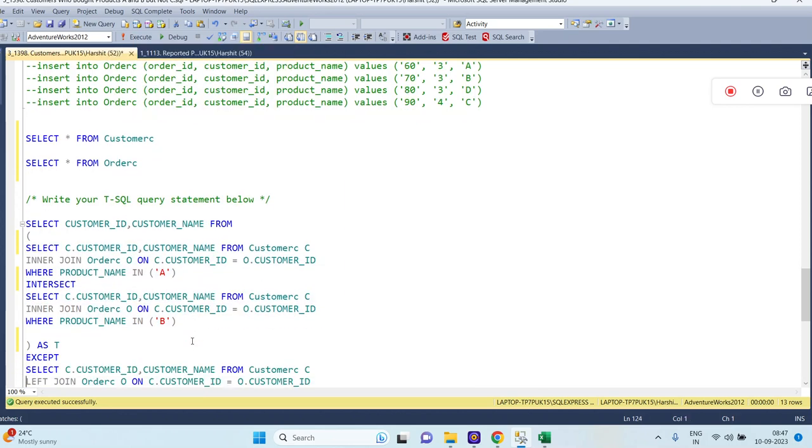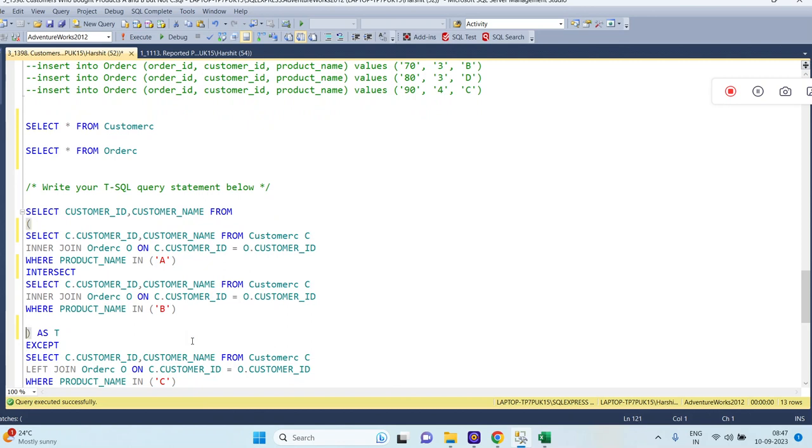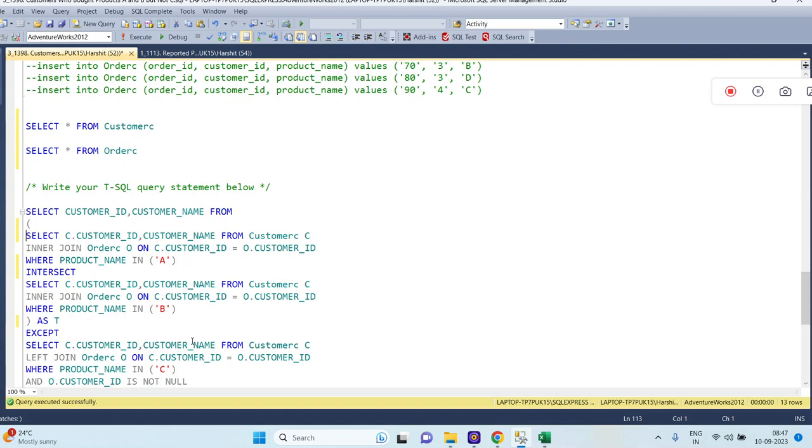And now what is our requirement? Again we need to use this data, so I have encapsulated this result as a derived table, and this entire table is now considered as the T table. Now I am again selecting the same columns from this derived table.